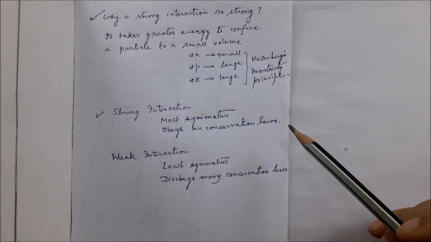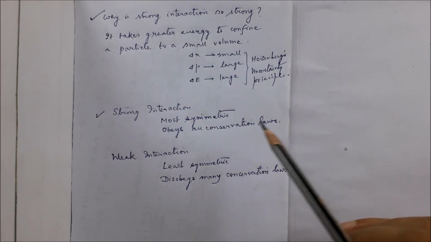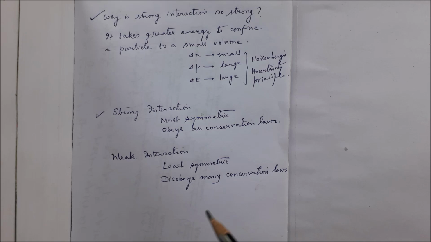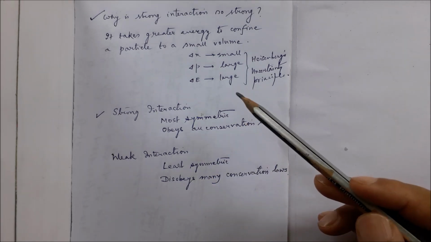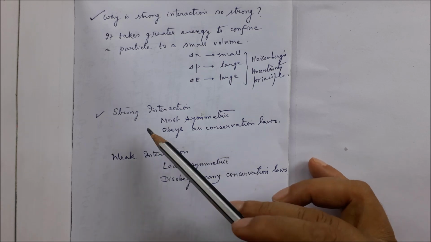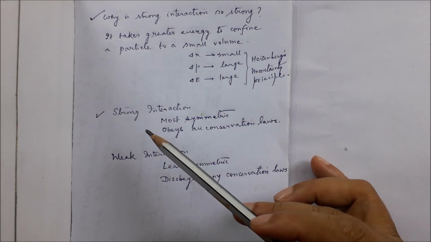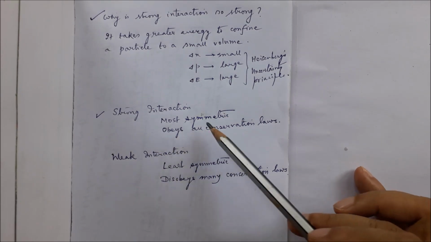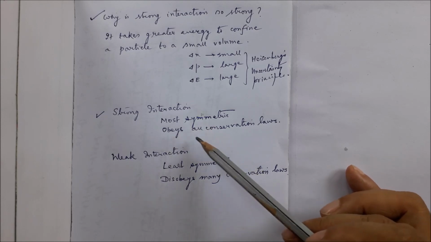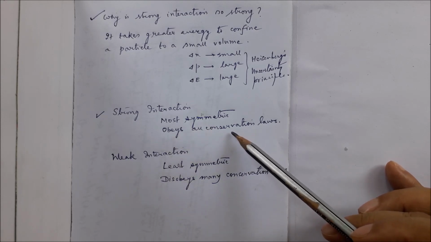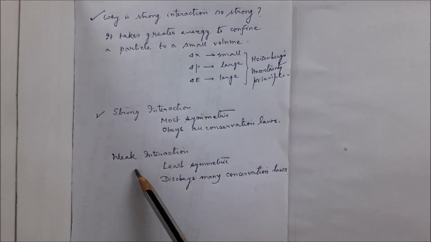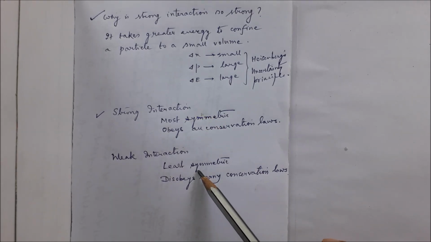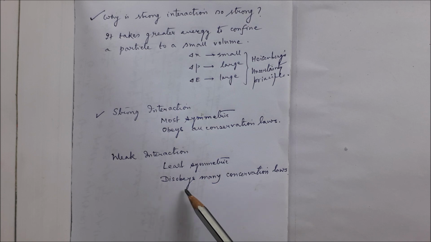Another very important aspect that let us mention now, and we will be dealing with it elaborately in later lectures, is that strong interaction is most symmetric and obeys all conservation laws. It is a law-abiding interaction, but weak interaction is least symmetric and disobeys many conservation laws.